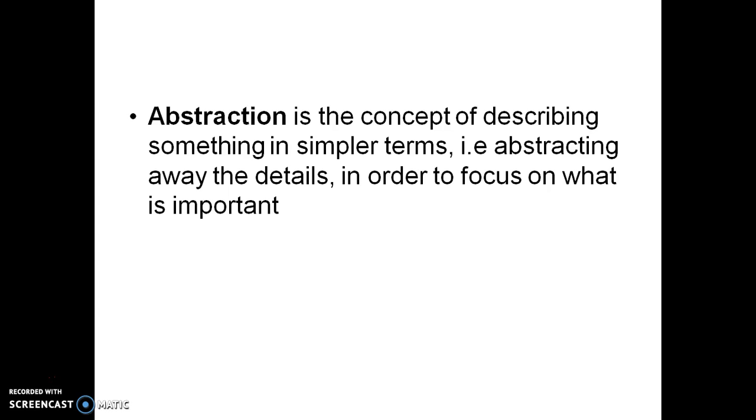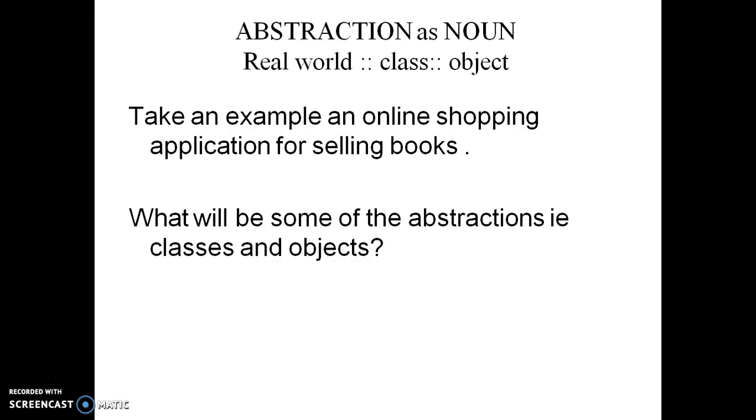In sports, the student's cricket score may be important. In examination, the subjects that he appears for may be important, and so on. For example, in an online shopping application for selling books, some of the abstractions, that is, some of the classes and objects would be book, order, shopping cart, and so on.